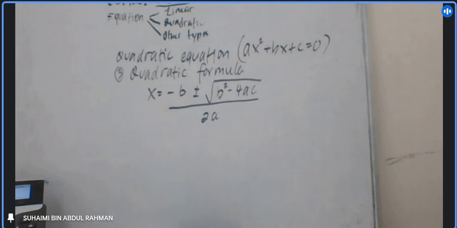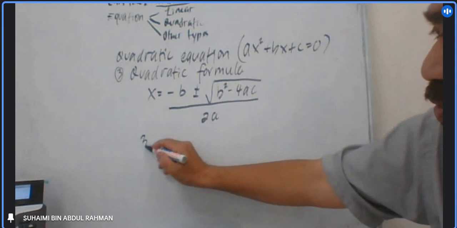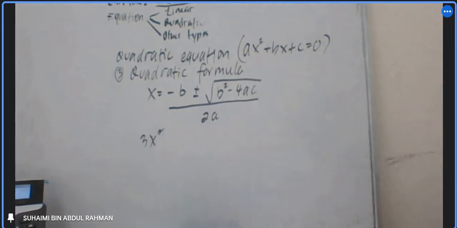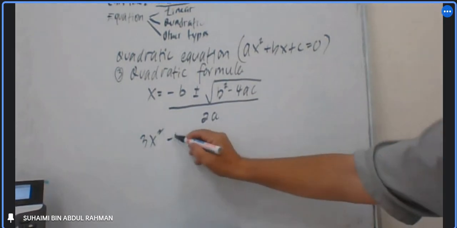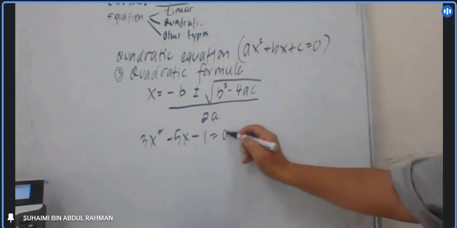For instance, the quadratic equation 3x squared minus 5x minus 1 equal to 0.